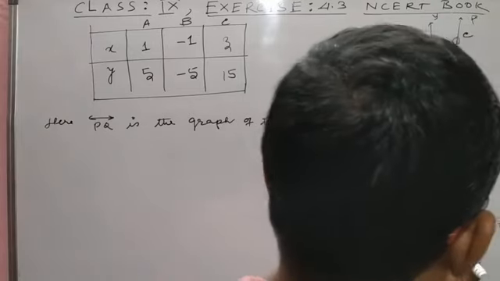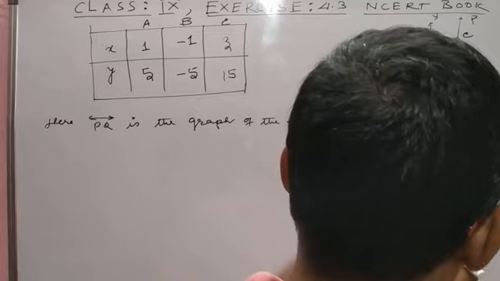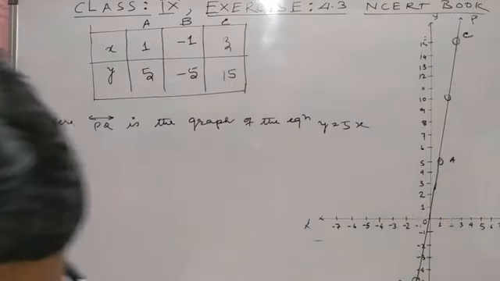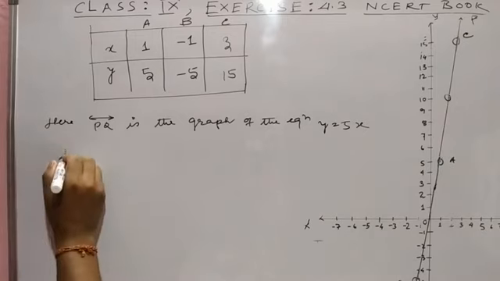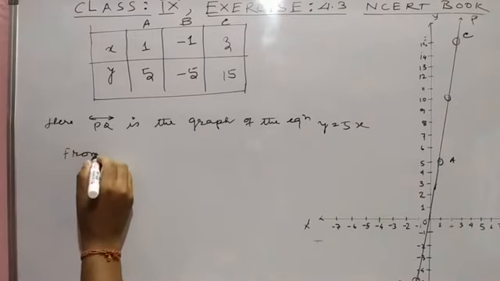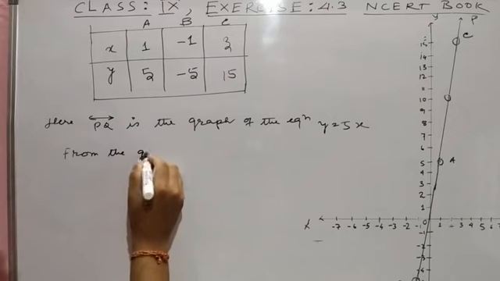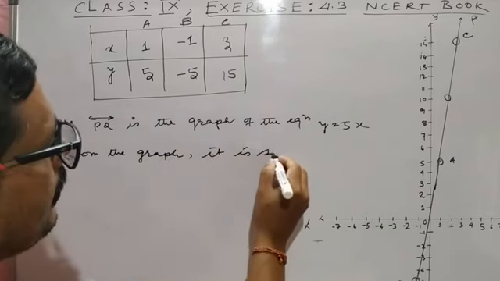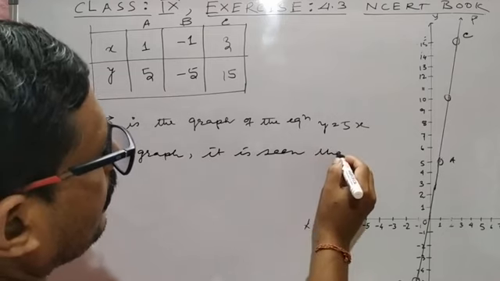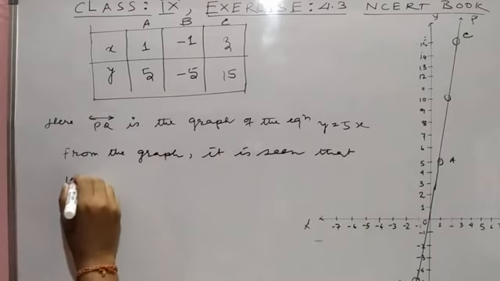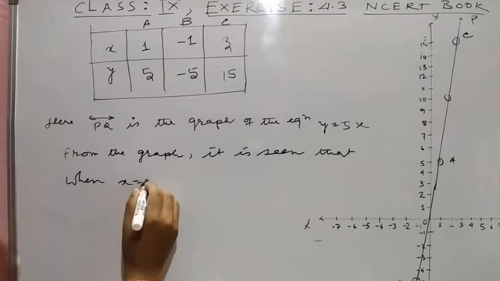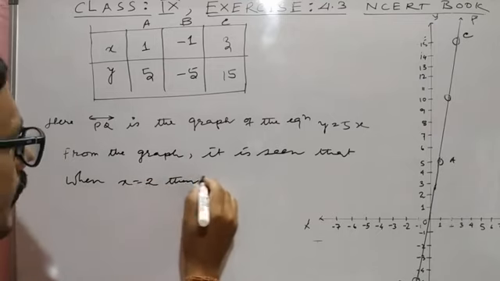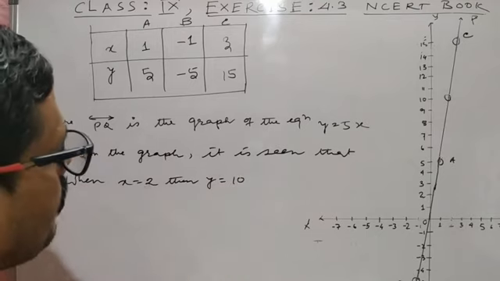And when x equal to 0, then y also will be 0. Got the point? So from the graph, it is seen that when x equal to 2, then y equal to 10.